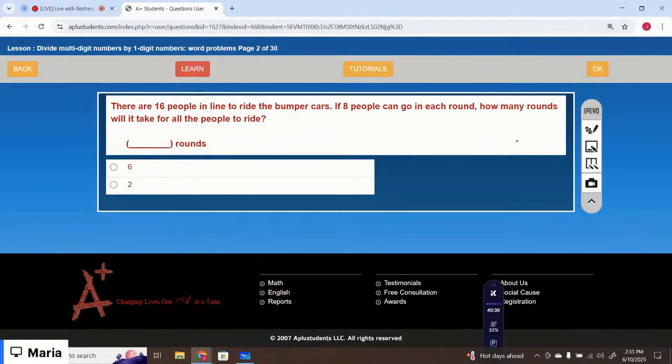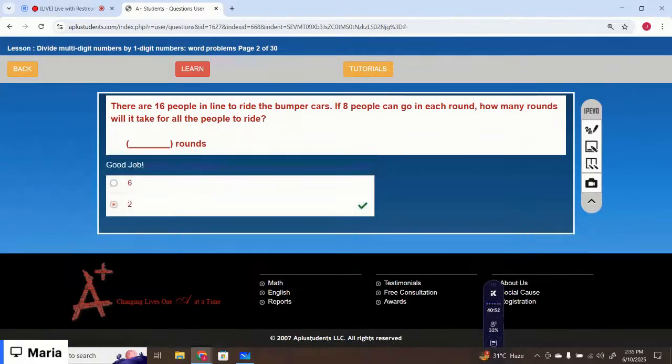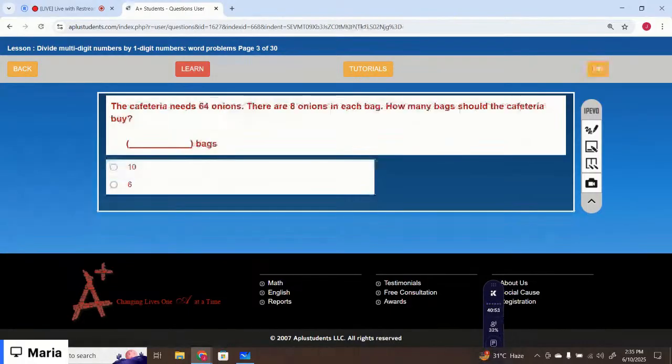So 16 divided by 8, 8 times what number is 16? That is 8 times 2, 16. The correct option is 2.